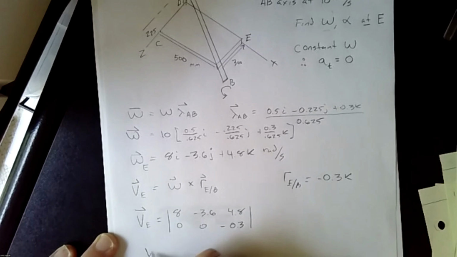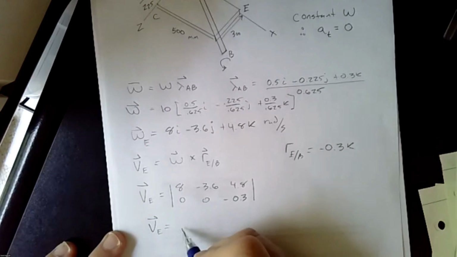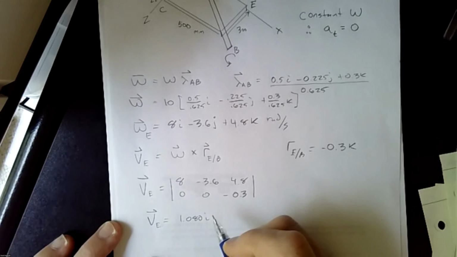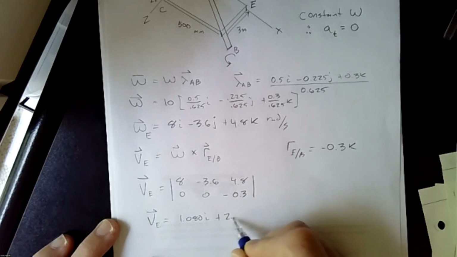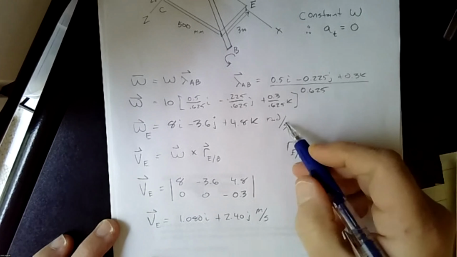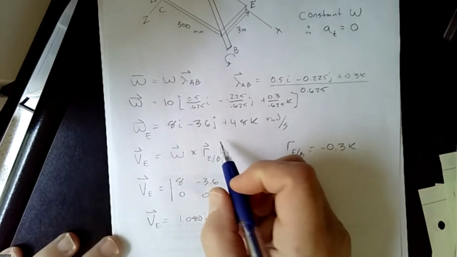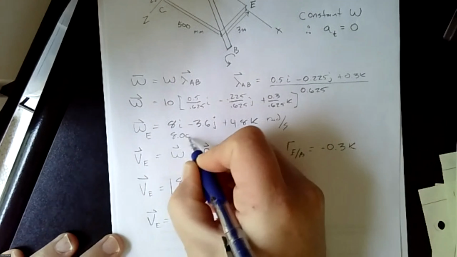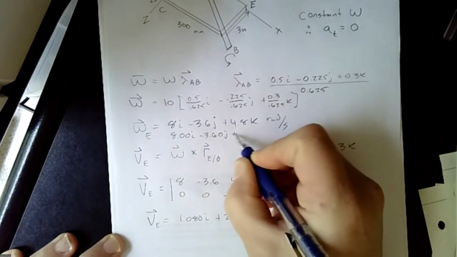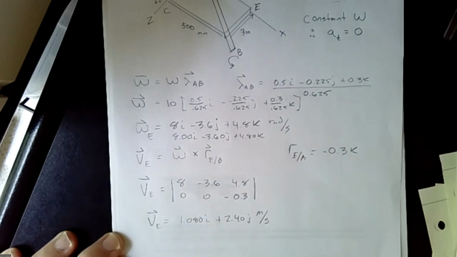When we do our cross products, which I'm not going to repeat because you guys are experts at cross products, it's going to give us 1.080 I, proper sig figs, plus 2.40 J meters per second. Just like that was radians per second, although I admit I didn't do the right sig figs there. So this technically should be 8.00 I minus 3.60 J plus 4.80 K. There we go. Now I have the right sig figs.